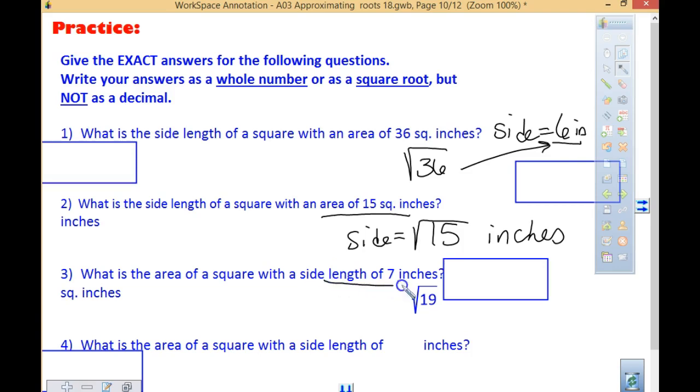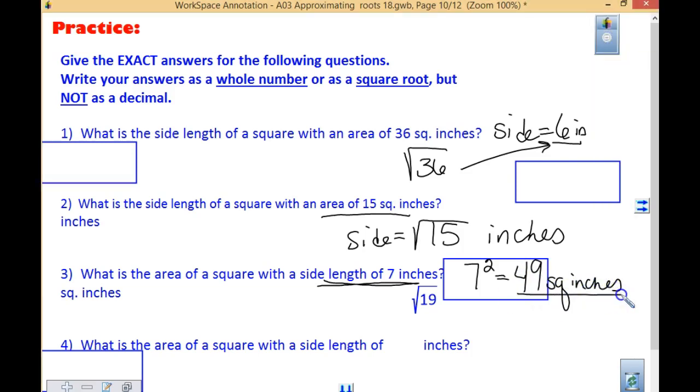Oh, but now they tell us the side is 7. What do we do with the side to find the area? We take 7 squared, and we get the area equals 49 square inches, right? 49 square inches is our area. On yours, I believe it says square root 19 here, right?